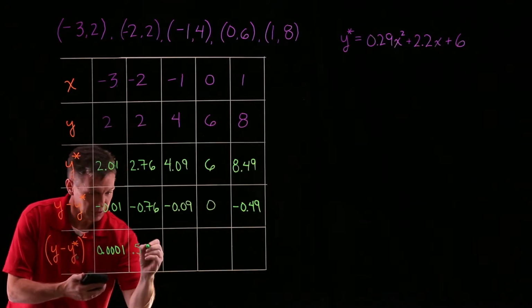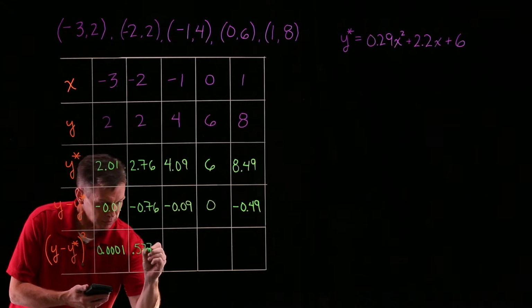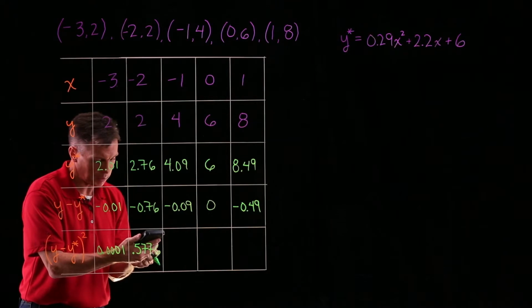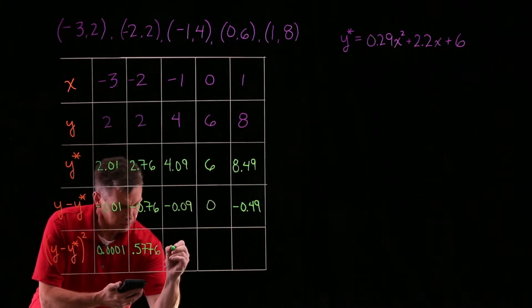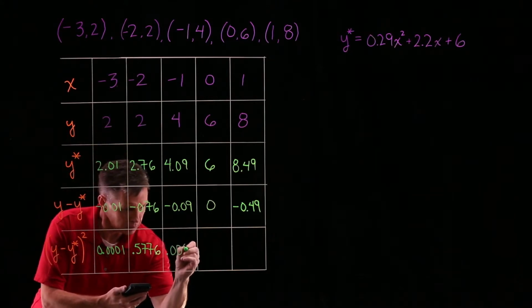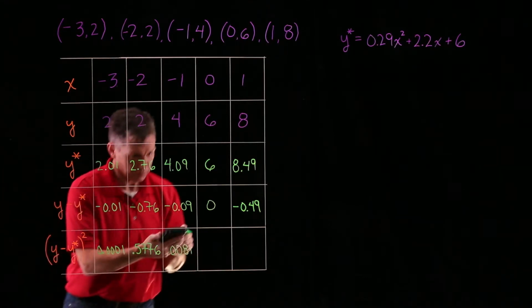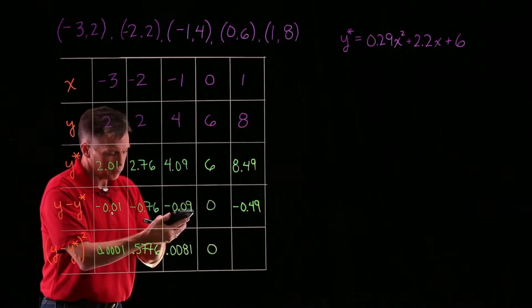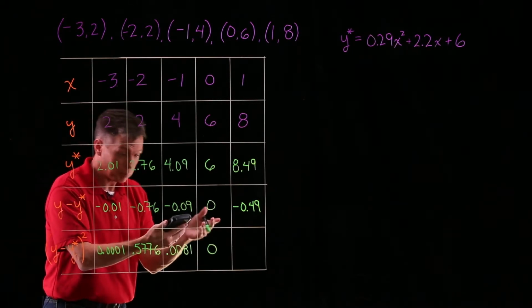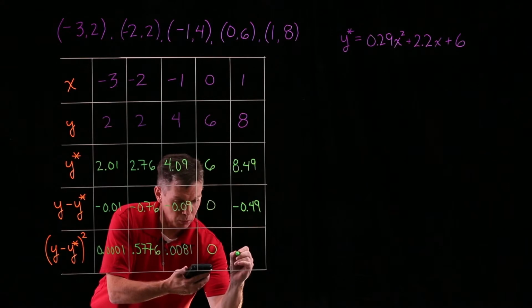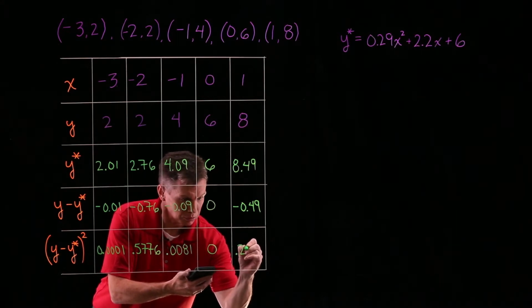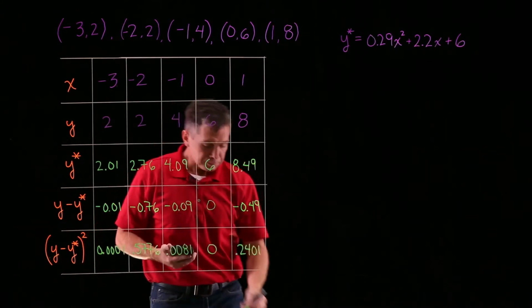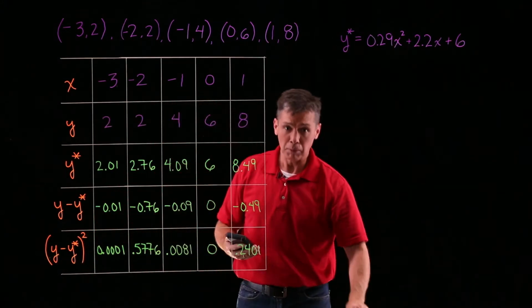So 0.5776. 0.09 squared, 0.0081. 0 squared, 0. Negative 0.49 squared, 0.2401.